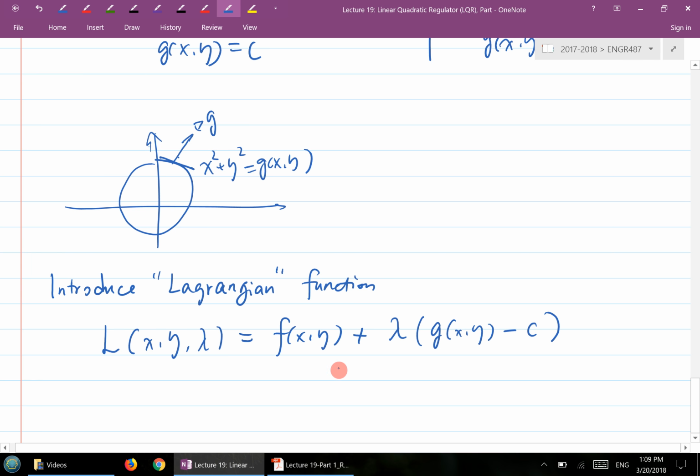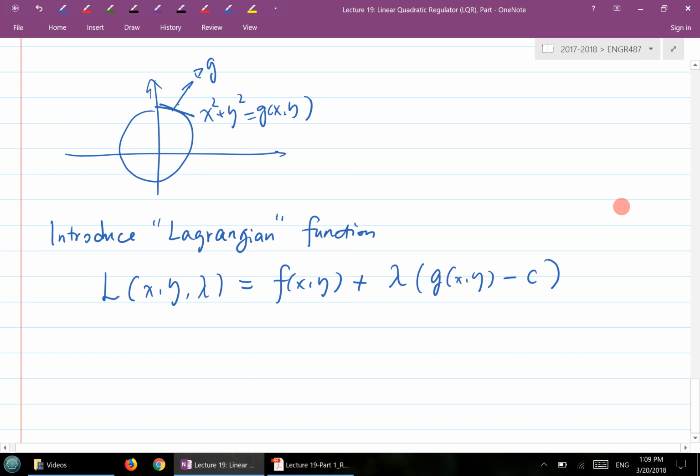If you look at this new function, essentially it's the original function you are trying to minimize or maximize, plus the Lagrange multiplier times the constraint g of xy minus c. Let's take a look at what this Lagrangian is. Temporarily, if you forget about everything we just said, let's start from scratch.